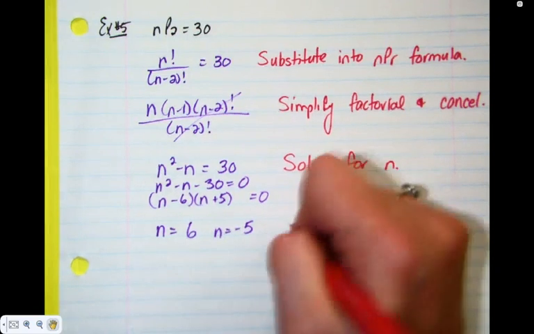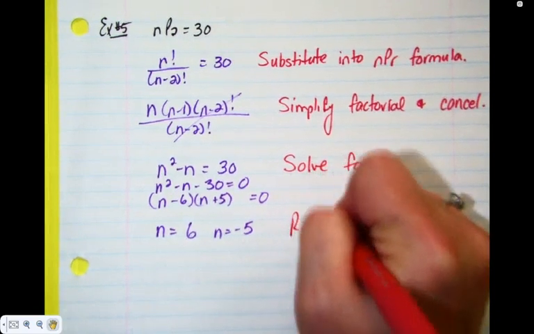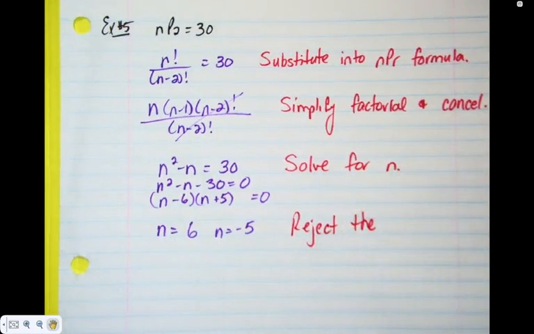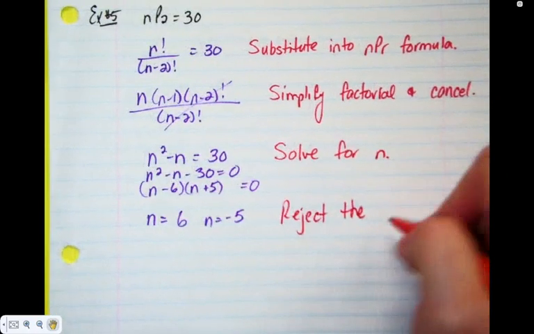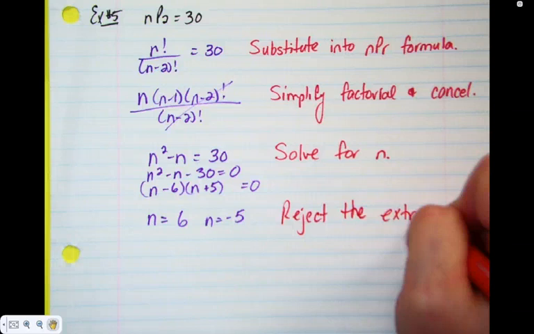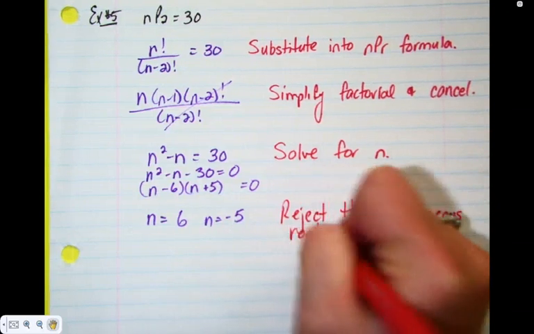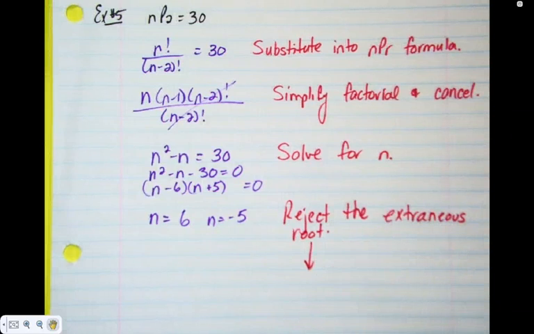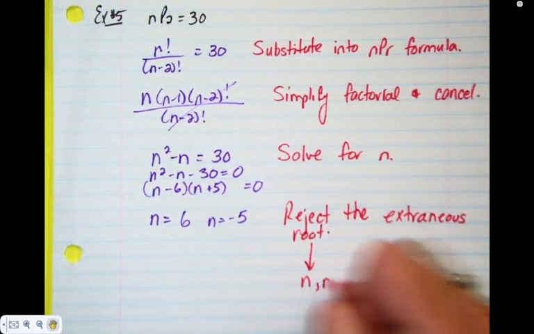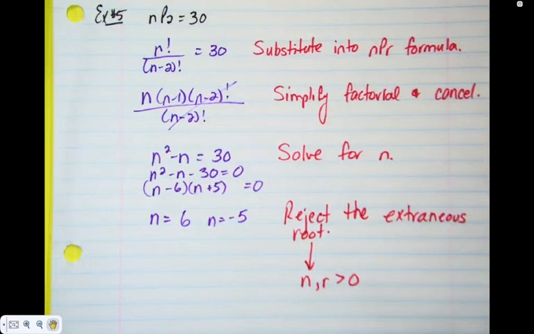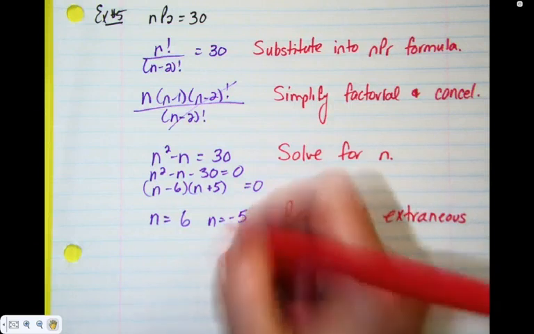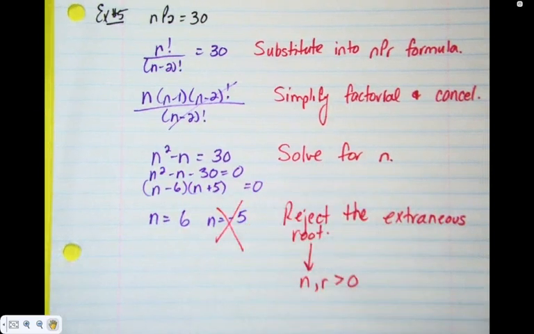So we reject the extraneous root. And so we say n, r has to be greater than 0. Can't have a negative. N and r can't be negative.